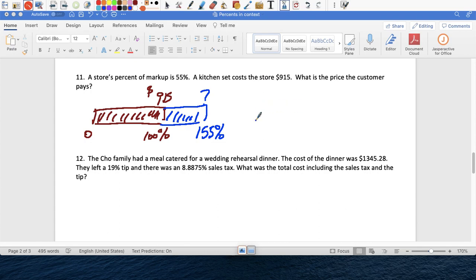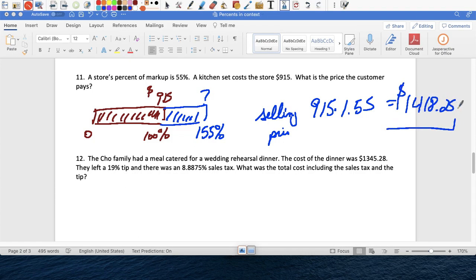So that's easy. The selling price, or the price for the customer, is going to be 915 times 1.55. That's going to give us 1,418.25. So that's what you and I pay.